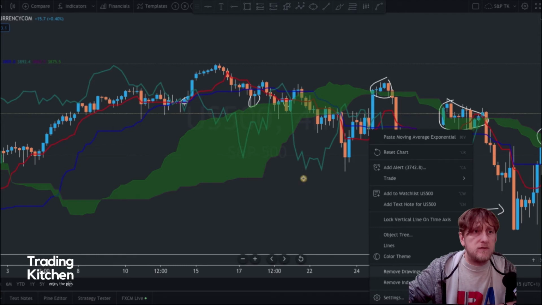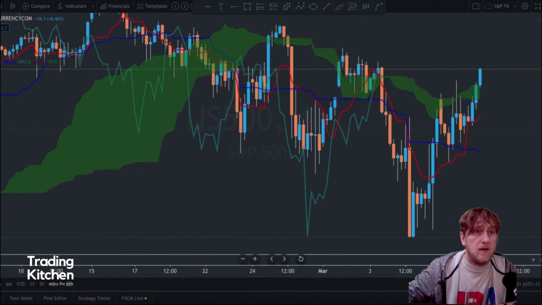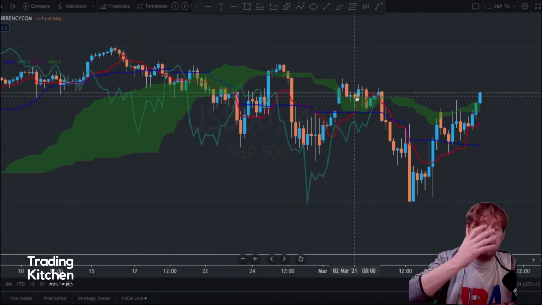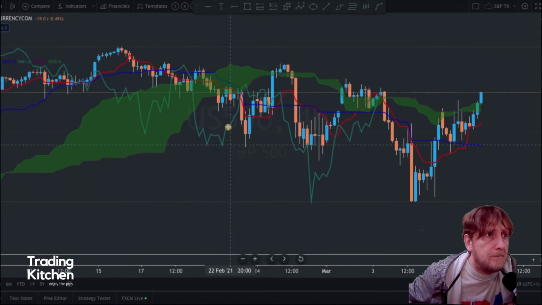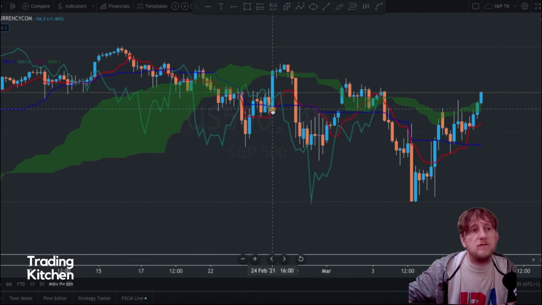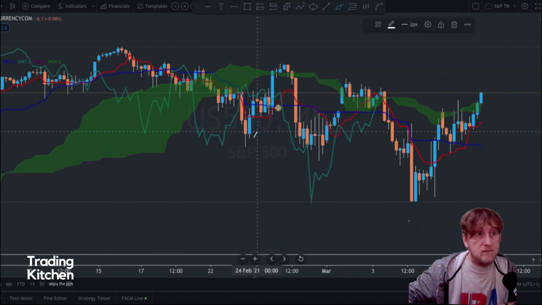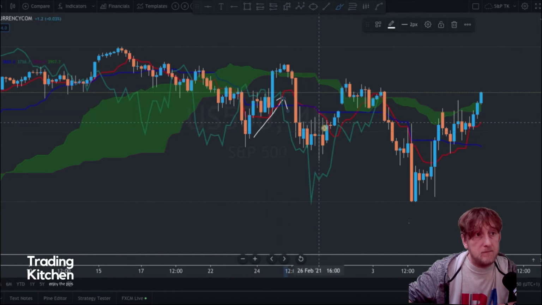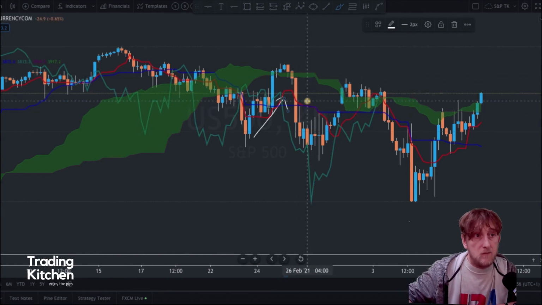Okay, vice versa. Let me remove all the drawings. Vice versa, like this. In this case, price here first crosses from down to up the baseline, then crosses the same baseline again here.